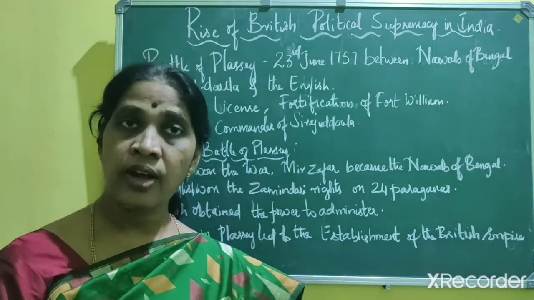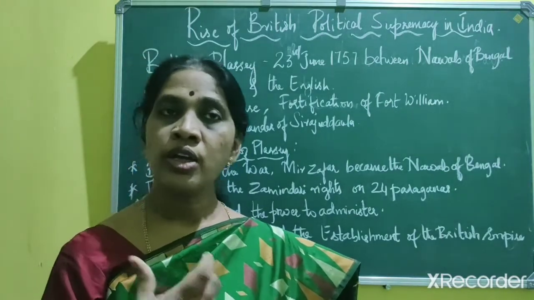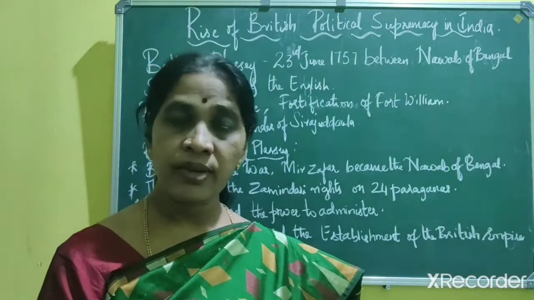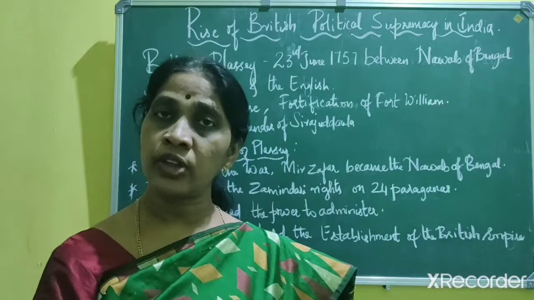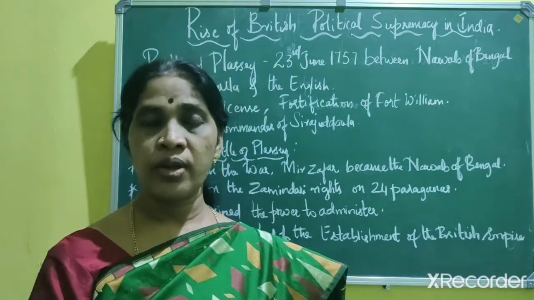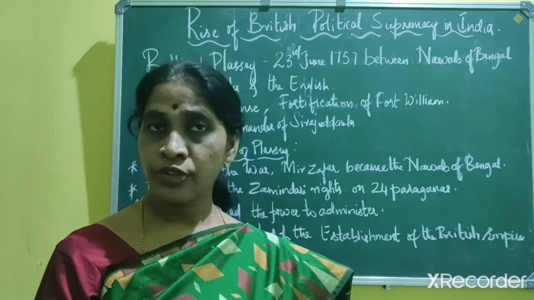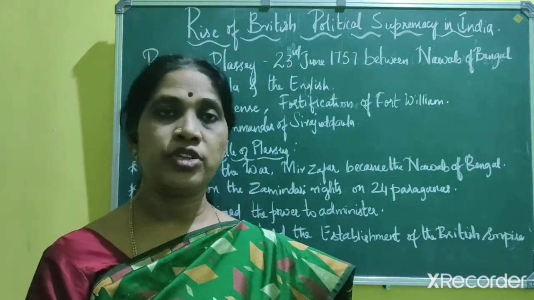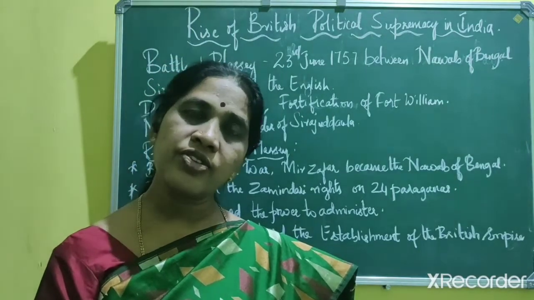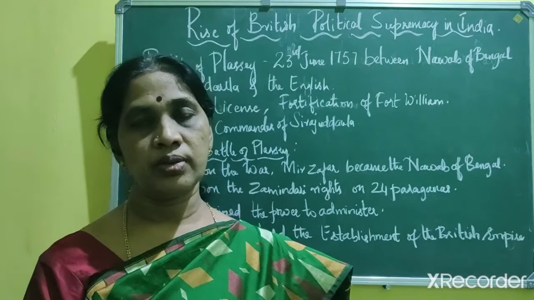So the East India Company forced the weak ruler to give them the dastak, a license wherein they could trade in India without paying duties. But these dastaks were misused by the company officials, and this resulted in a huge loss to the Bengal government.